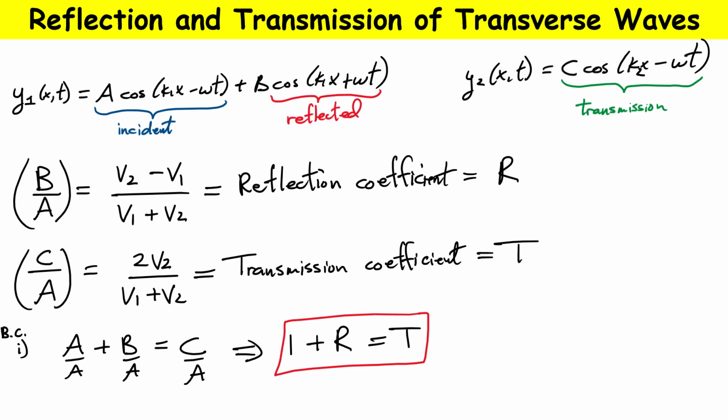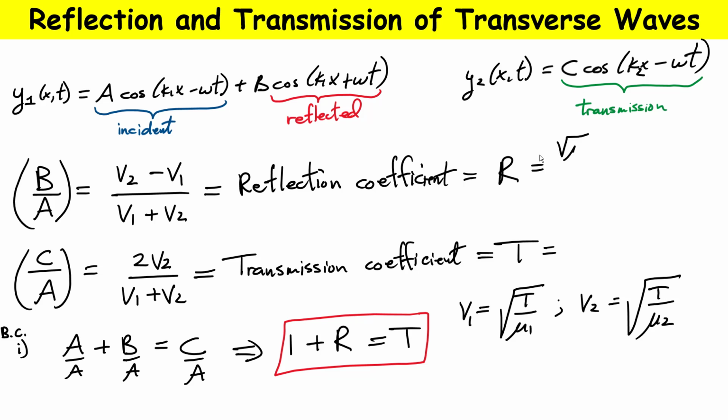Now recall also that the speed in any of these media, for example, v1 is simply going to be the square root of T divided by mu1. And also v2 is going to be equal to the square root of T divided by mu2. So if you do a little bit more work, you can write this reflection coefficient in terms of mu1 minus mu2 over mu1 plus mu2.